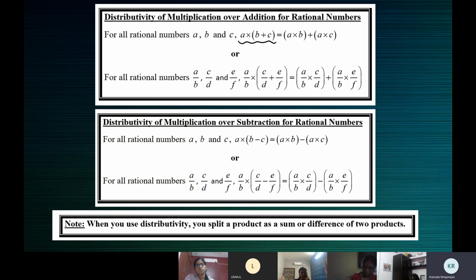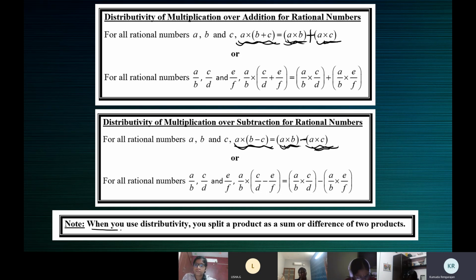Here we had only one product, here we have two products. So you're splitting one product into two products, as a sum of two products or as a difference of two products.